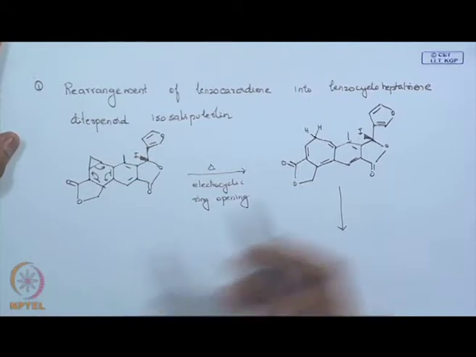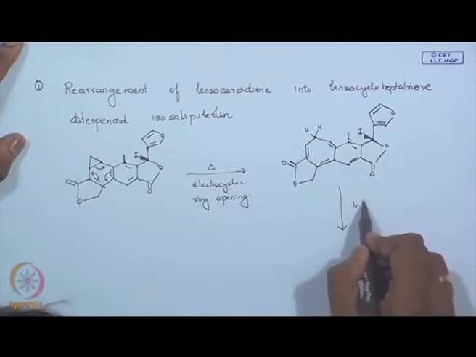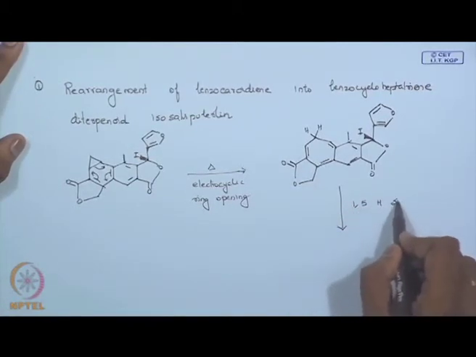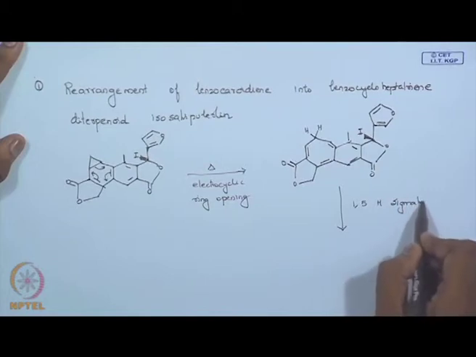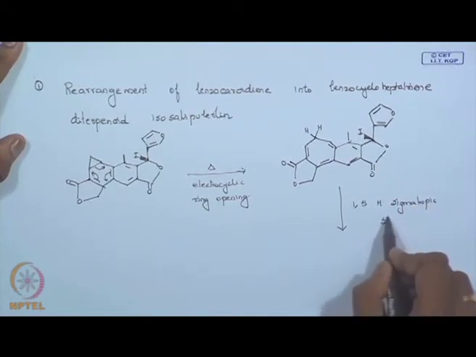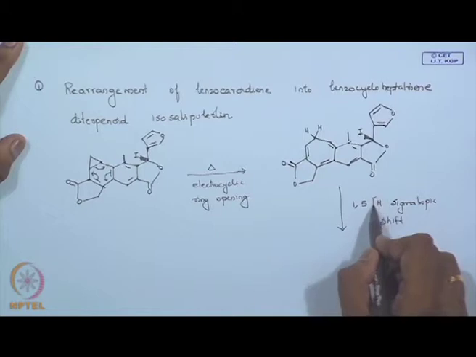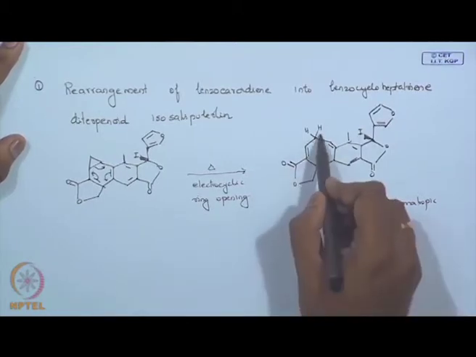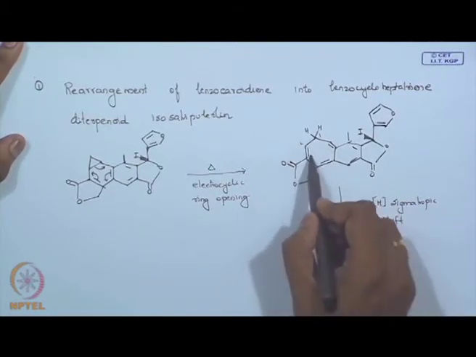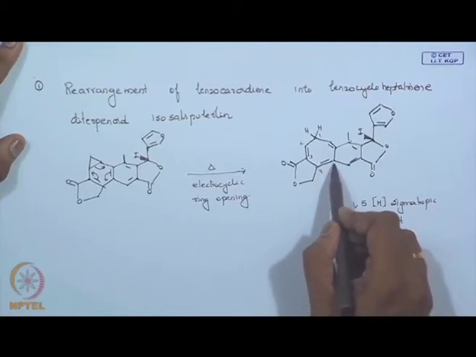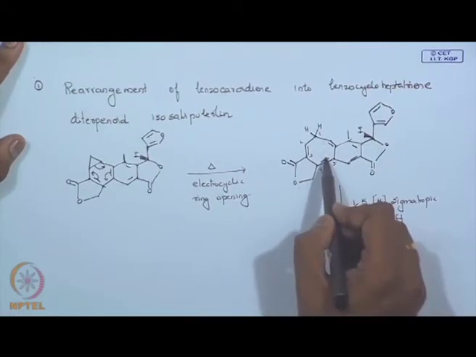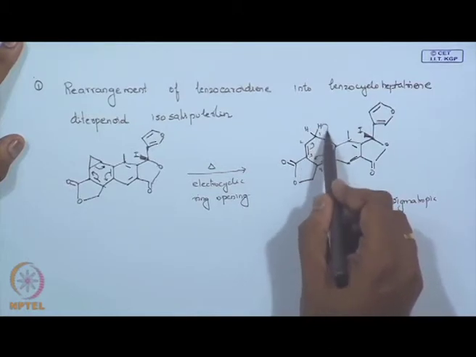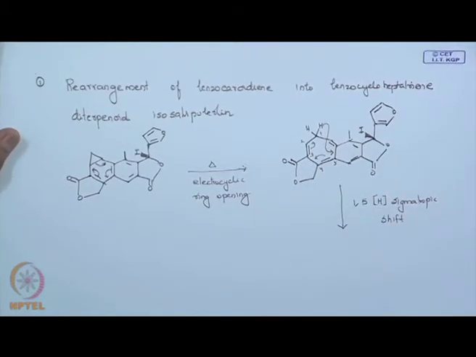Yes, it will nicely undergo a 1,5 hydrogen sigmatropic shift. That's good. So 1, 2, 3, 4, 5. So I can push this and my hydrogen will be here. Clear?